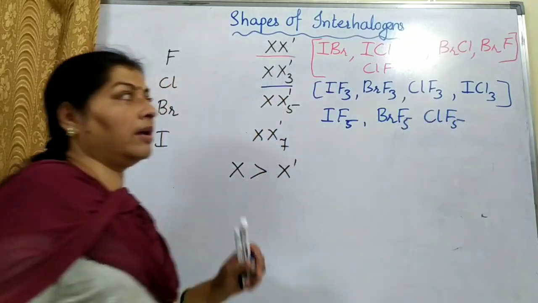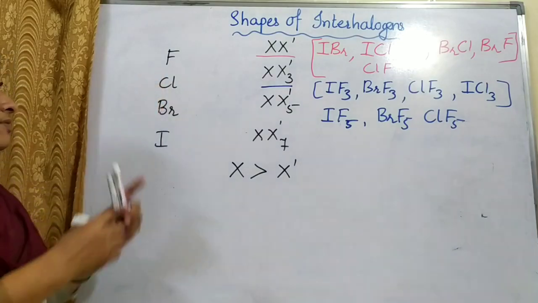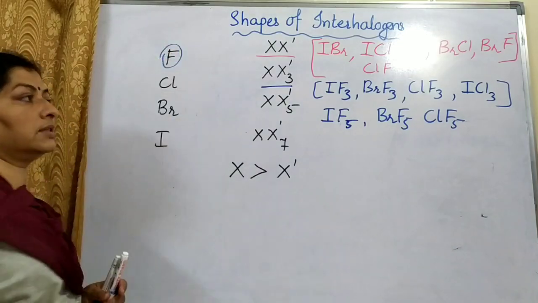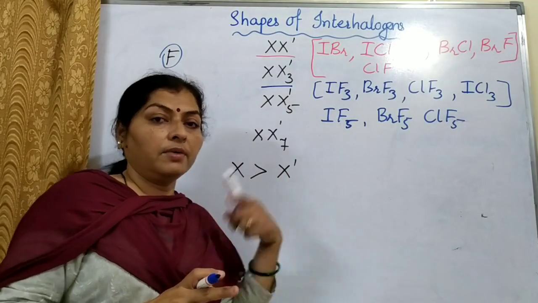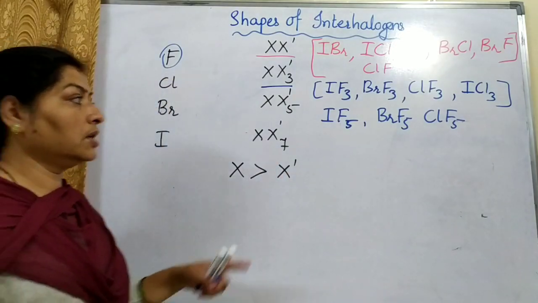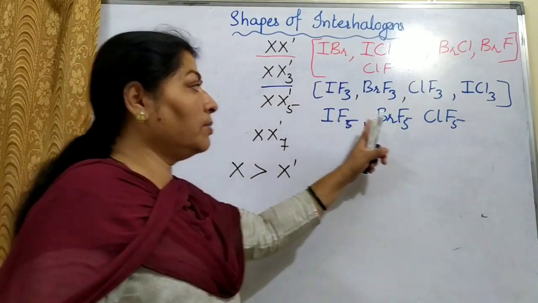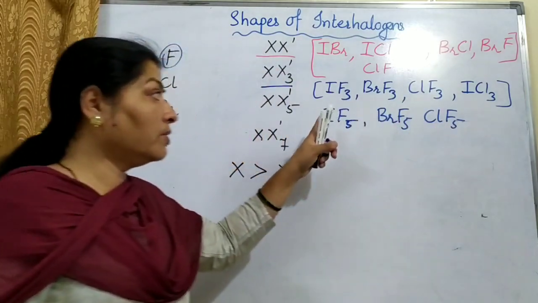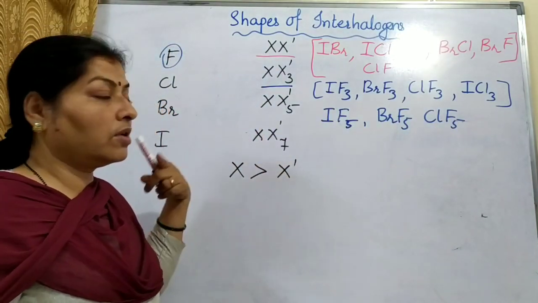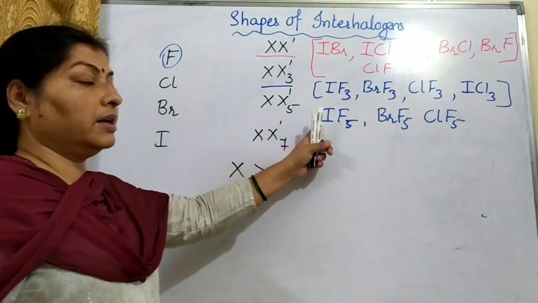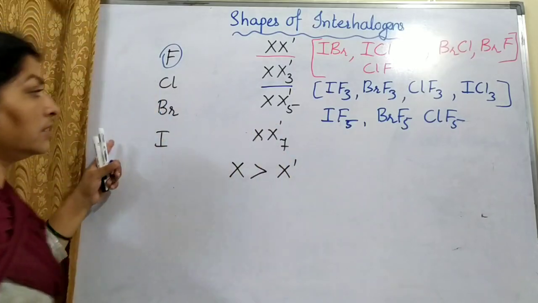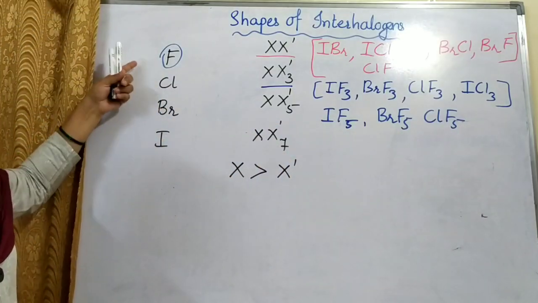With F, every possibility will be there because F is the smallest in size. So the size difference will always be big for F with any other halogen. This type of compound, where the oxidation state of the bigger atom is 5, can form where the size difference is more.